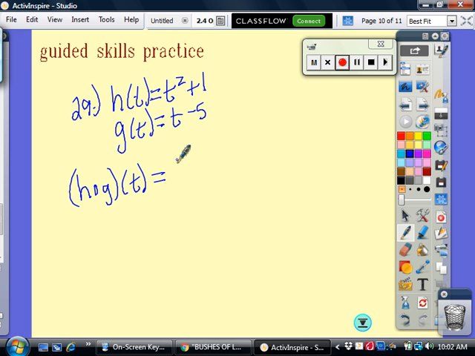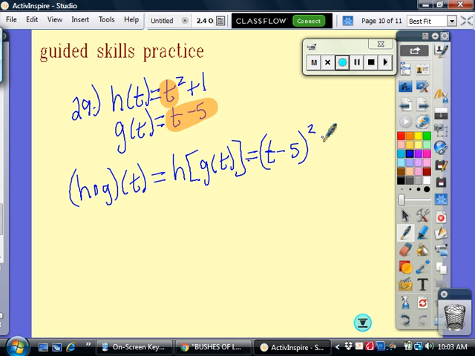So that means we're going to plug g into h. But this is not as simple as the one in the book because we have a binomial to plug in the place of this variable, and that binomial is going to be squared. So you just have to remember to multiply it by itself by using the full method. That's all there is to that.